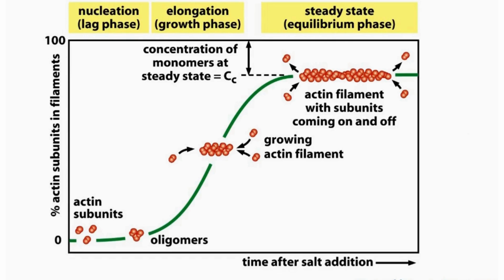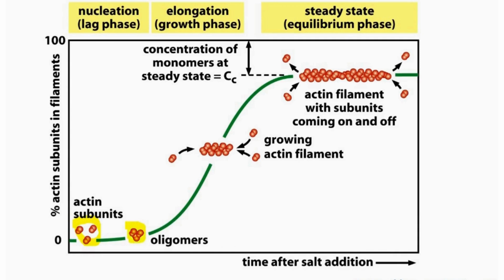Initially, at time 0, we are adding actin subunits. As we saw from the animation, the subunits will initially form a dimer followed by a trimer. This entire process is called nucleation.